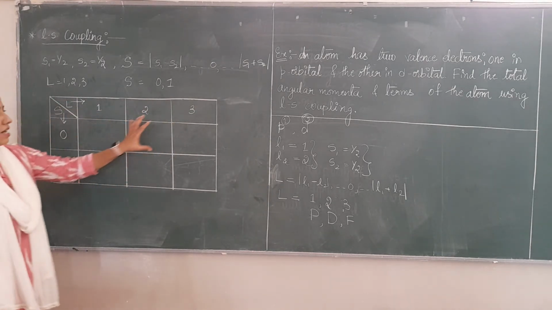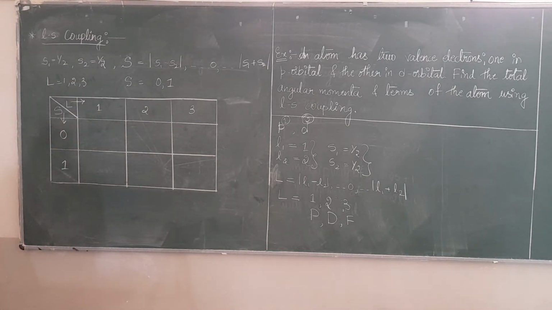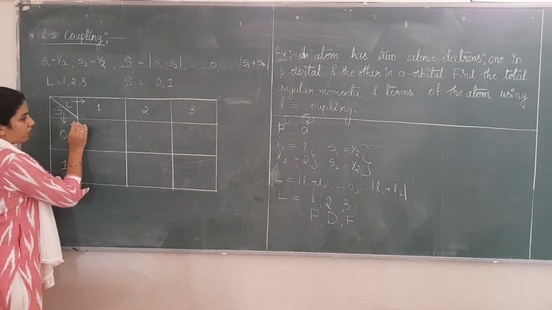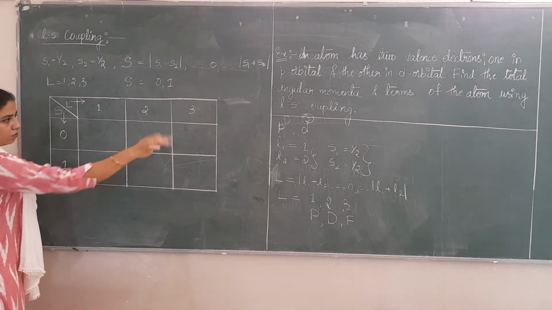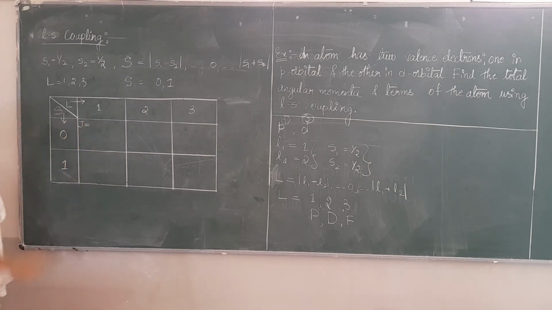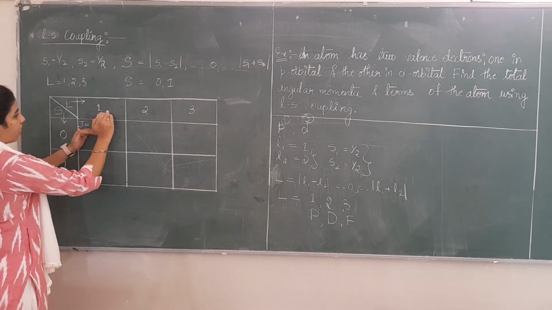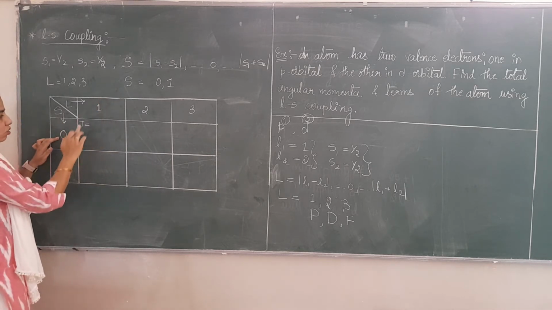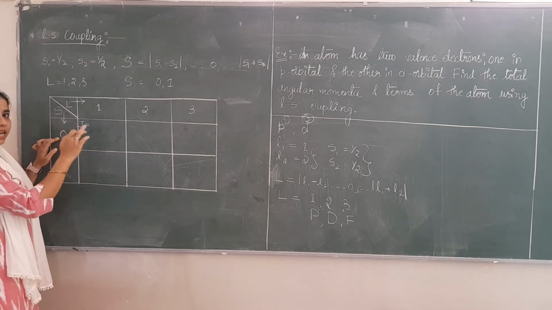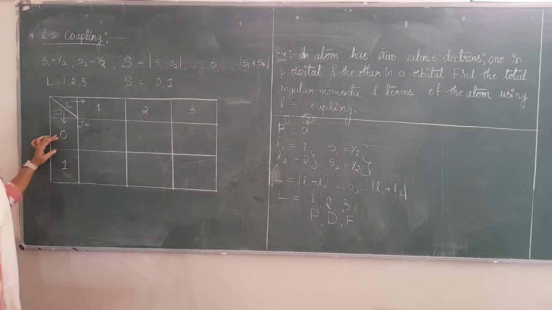Now we have to write the term value. How are we going to do it? We know the value of J. You have to make bigger boxes for each one. For this box, L is 1 and S is 0. So J is from L minus S to L plus S. 1 minus 0 is 1, and 1 plus 0 is 1.